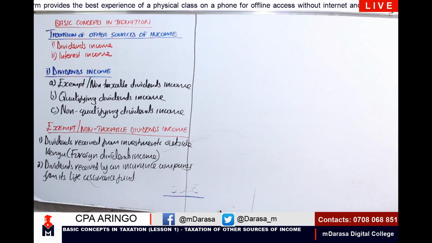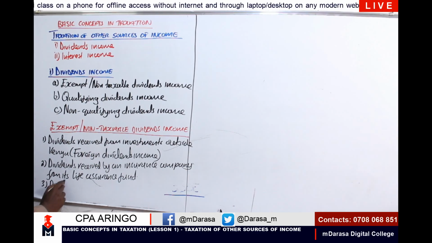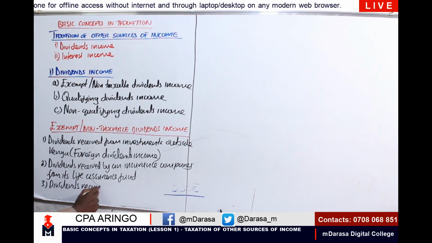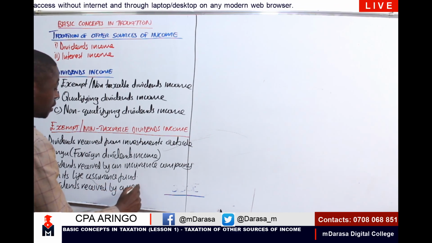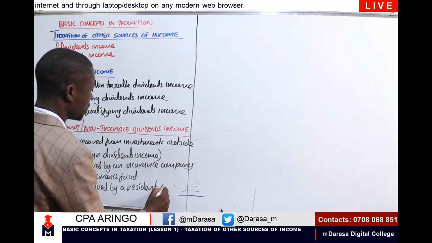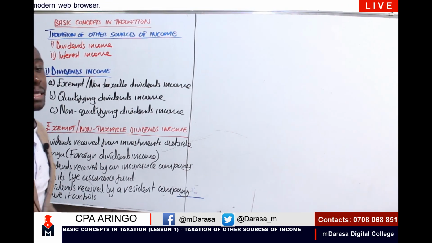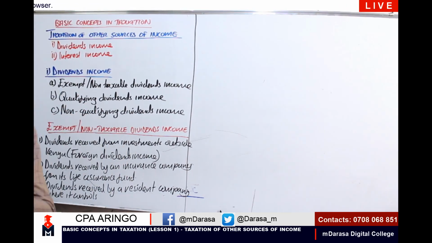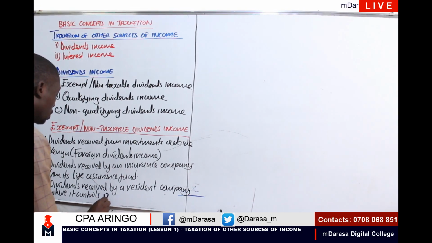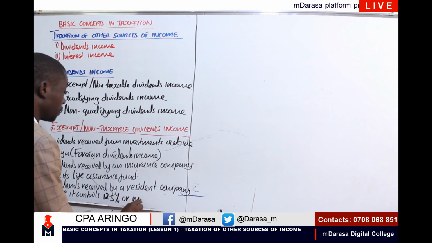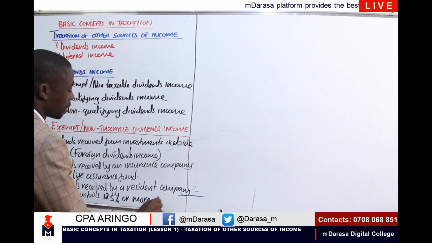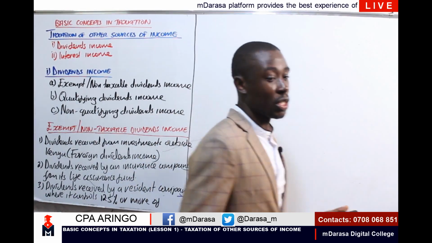The other one here, number three, we normally tend to talk of dividends received by a resident company, where it controls 12.5% or more of the shareholding of the company.